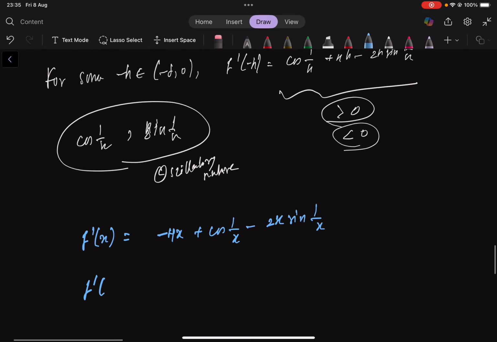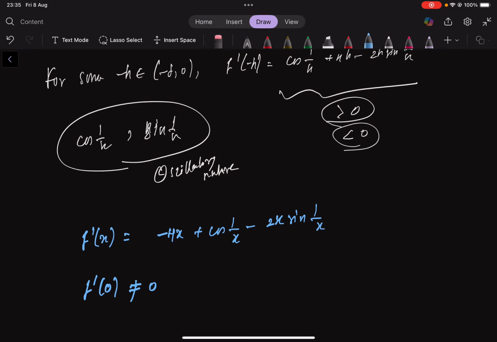Now first of all, f dash of 0 is not 0. We can see it is something like cos 1 by h, which is of oscillatory nature. So we can't say for sure that it is 0, it can also be some non-zero value, or basically it's oscillating near 0.